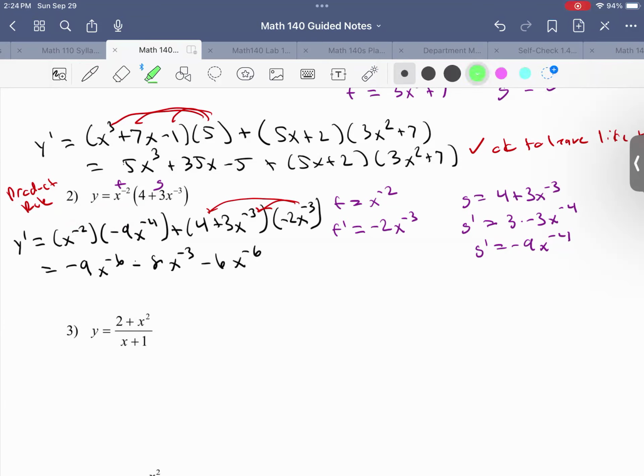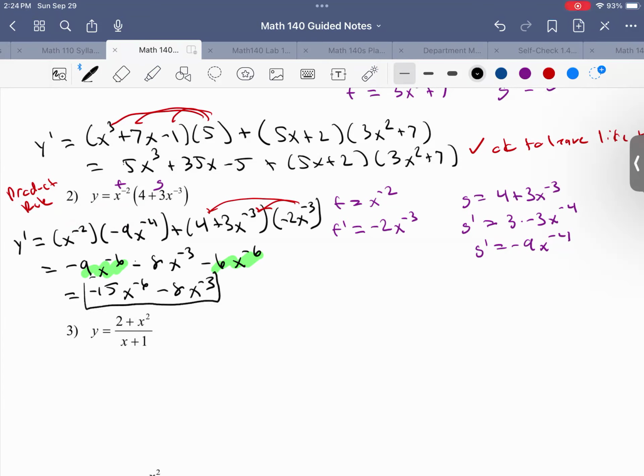So we have a couple of like terms here, negative 9x and negative 6x to the negative 6. So what we end up getting is negative 15x to the negative 6 minus 8x to the negative 3. Okay, and that's the answer, right?